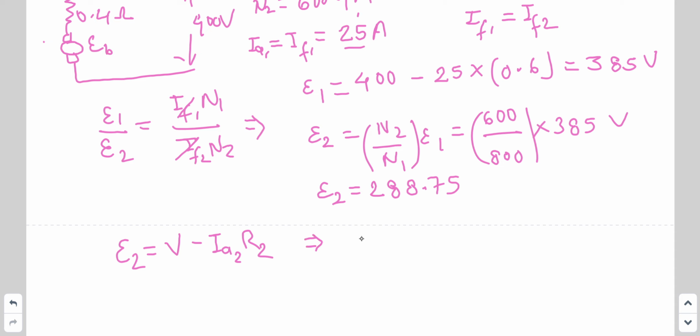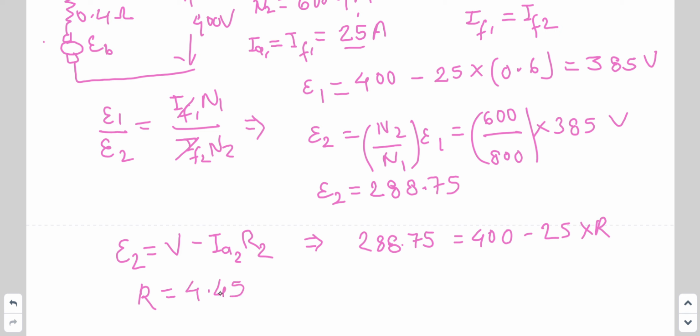Here we will solve: 288.75 is equal to 400 volt minus, the current being the same, 25 into R. So we will solve that and R will come out as 4.45.